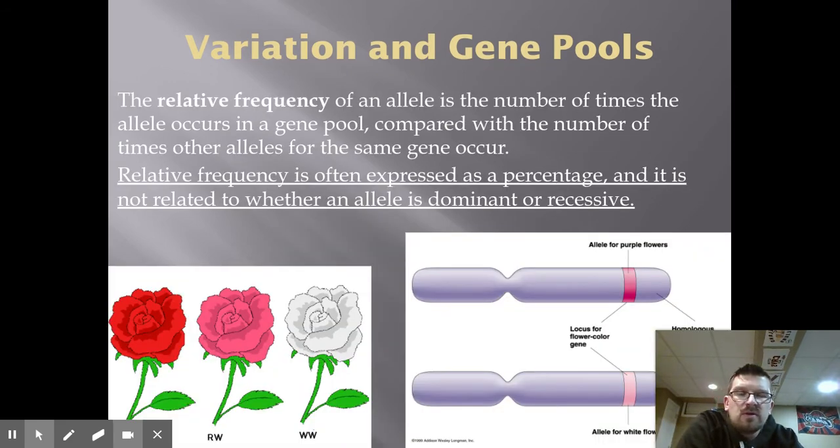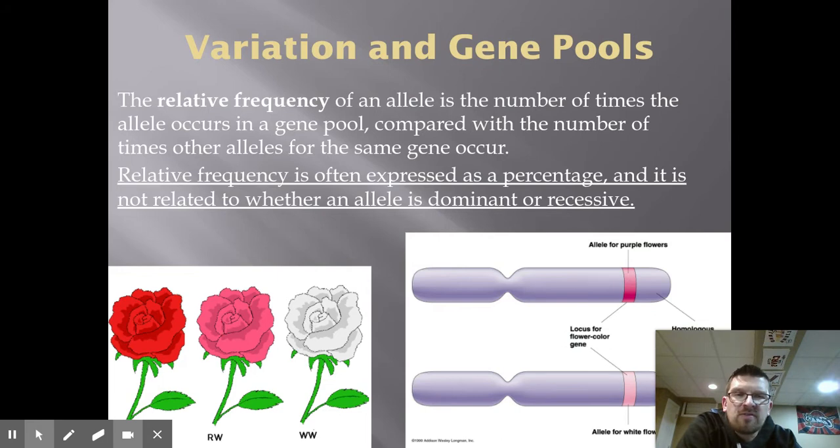So, when we talk about the relative frequency of an allele, this is where we would have a percentage, where we would be able to calculate some sort of accurate or semi-accurate count of the number of alleles of each type that occur in a gene pool. So you compare them to the other ones.